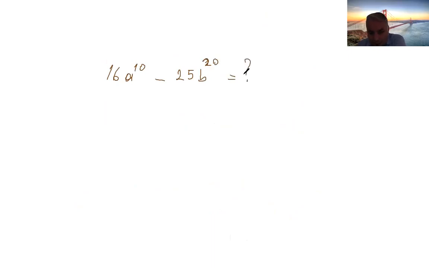The power of 2? Sir, 4 squared. This is now 16 times a to the power of 10, minus 25 times b to the power of 20. How can you factorize this? So 4 squared? Yes, correct. 4 squared, and a to the power of 5.